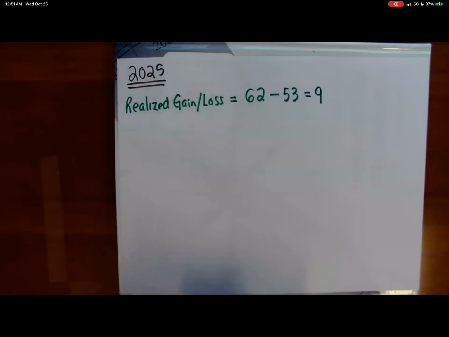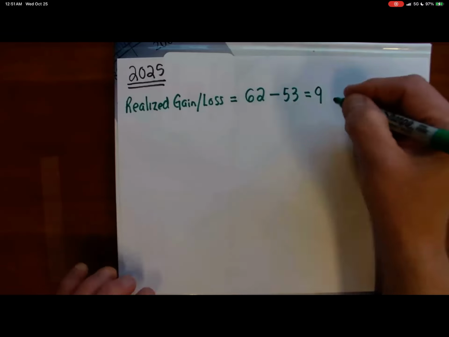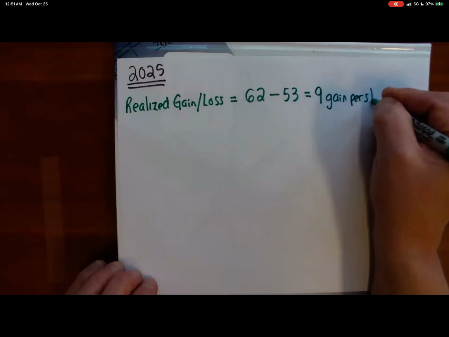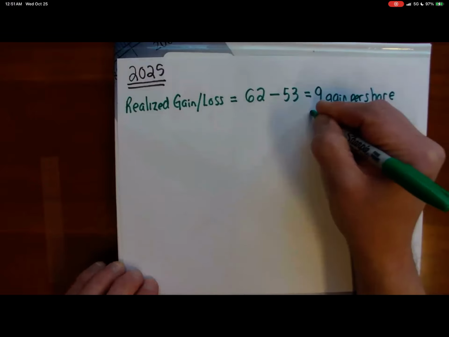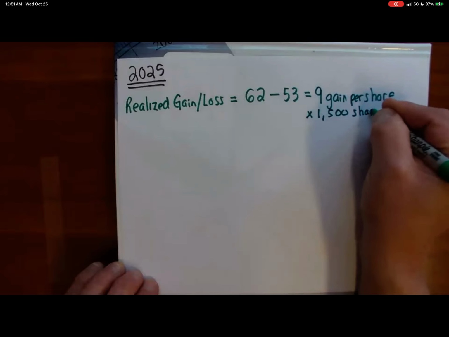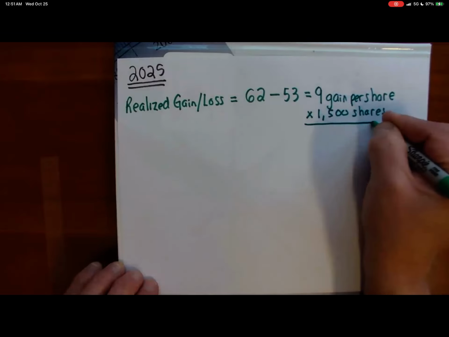Real quick question. Is that a gain or a loss? It would be a gain. Of course it would. They were valued at 53. We sold them for more than that, 62. So we have a $9 gain per share. And just like he said, we sold 1,500 shares, so multiply by what we sold.